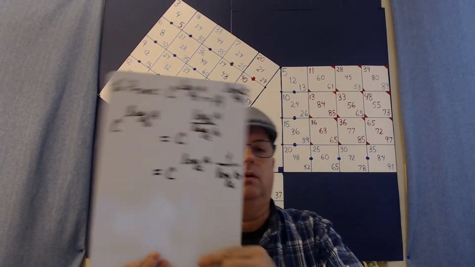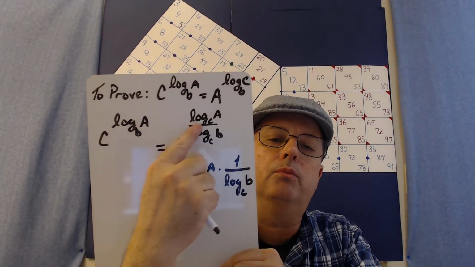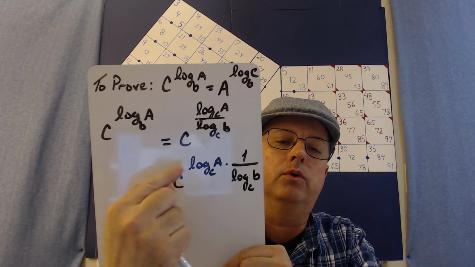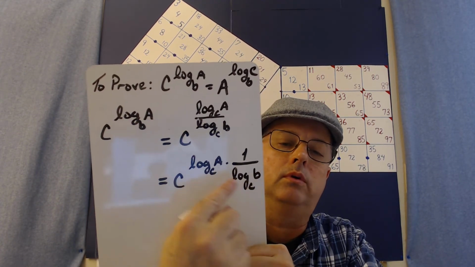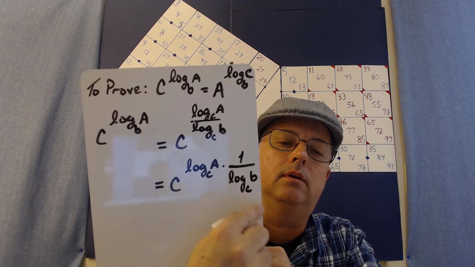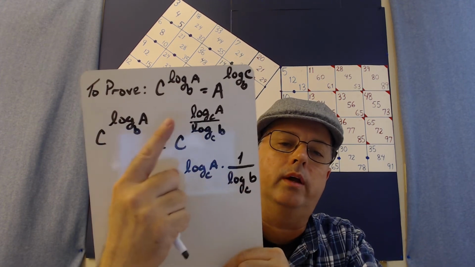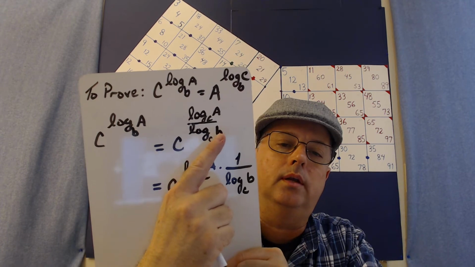So this was our numerator here, and we're saying that's still our numerator, and this is our denominator, and so we're still keeping it down here in the denominator. We just kind of separated this fraction.